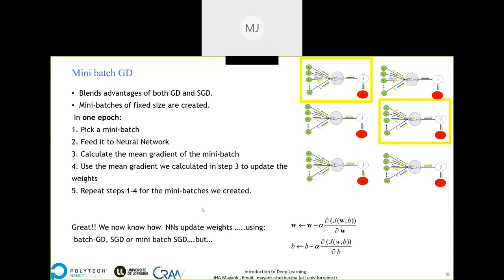So, great. Now we know how the neural networks update their weights. So basically, now we know how neural networks are learning using batch gradient descent, stochastic gradient descent, or mini batch. But the question is, how to calculate this? Now, you saw these 2 equations. That's pretty good. But the question is, how to calculate this cost function? This cost function को कैसे calculate किया जाए?